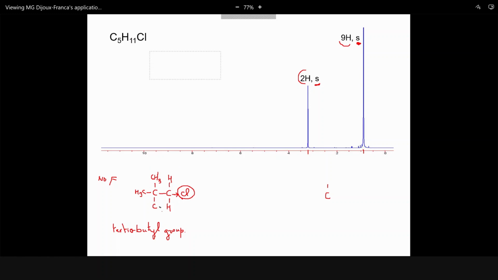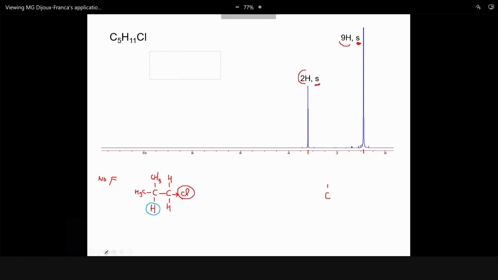And if I write this, if I have this structure, what should I find on the spectrum? How many different groups of protons do we have in this structure?